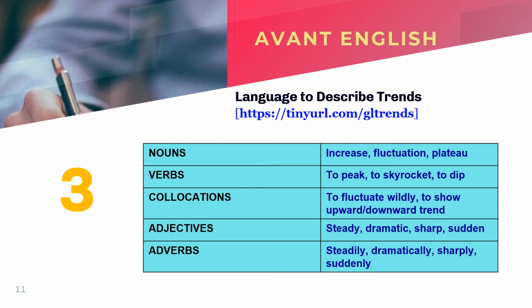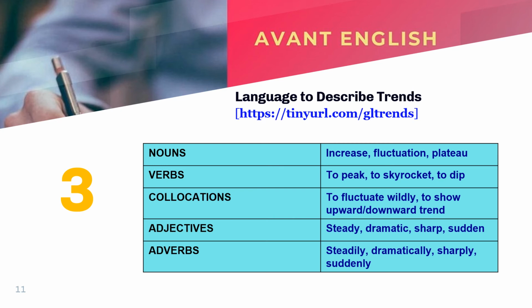Vocabulary for describing trends. So for example, nouns, example, increase or fluctuation or plateau. Verbs like to peak, to skyrocket, to dip. Collocations, to fluctuate wildly, to show an upward or downward trend.